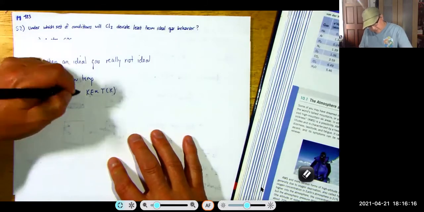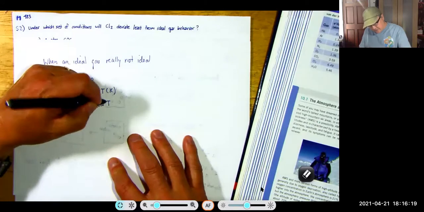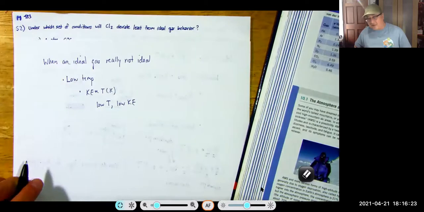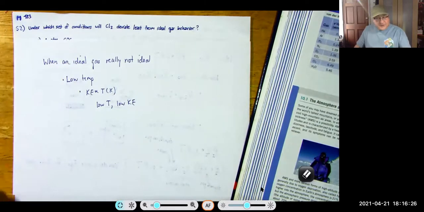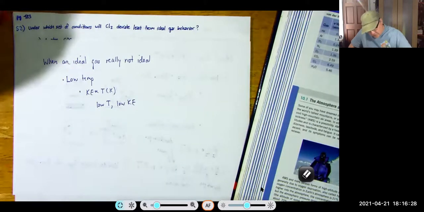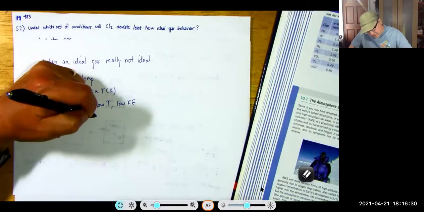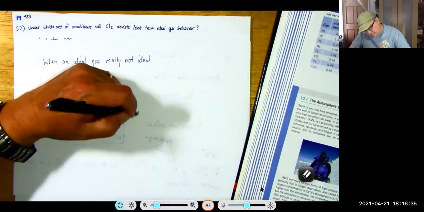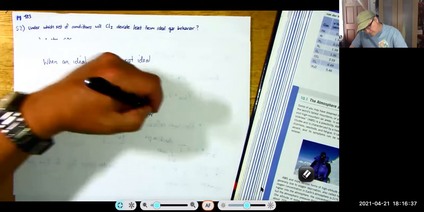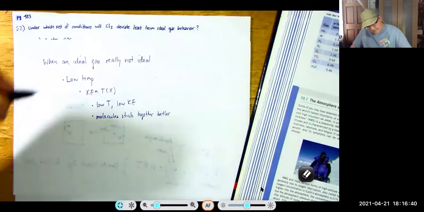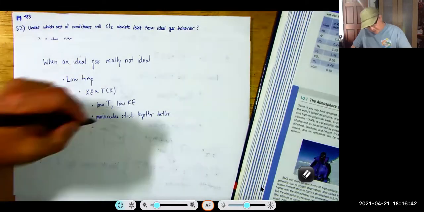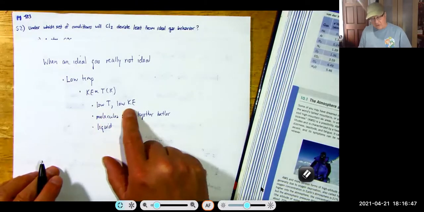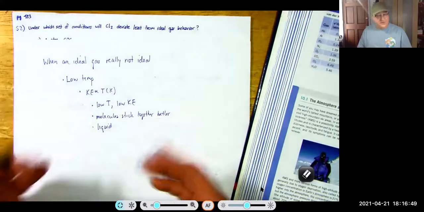And if you have a low temp, you have a low kinetic energy, which means that the stickiness factor is going to play a bigger role and the molecules stick together better. And if they stick together better, they're going to become a liquid. So when you lower the temperature of a gas, you lower the kinetic energy of the particles, they end up sticking together and you turn it into a liquid.